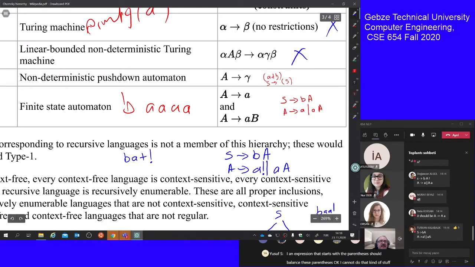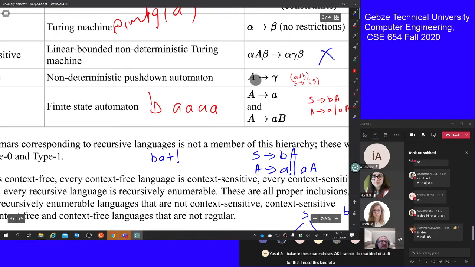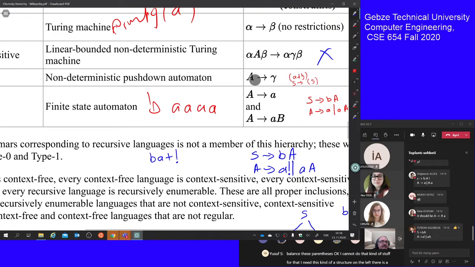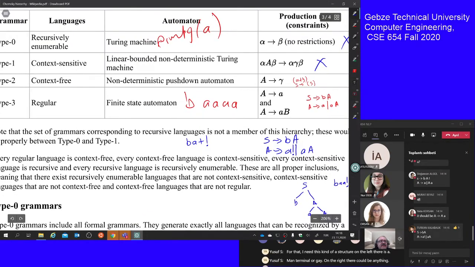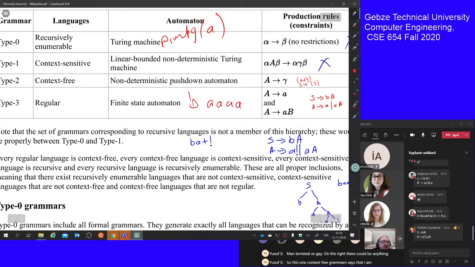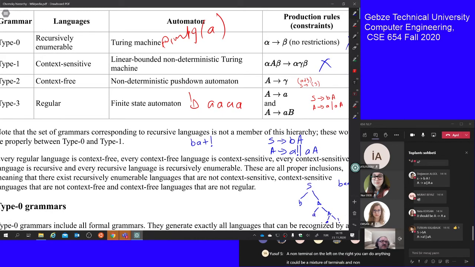For that, I need this kind of a structure. On the left, there is a non-terminal. On the right, there could be anything. So context-free grammar says that I am restricting you to have a non-terminal on the left. On the right, you can do anything. It could be a mix of terminals and non-terminals on the right. That's called context-free.